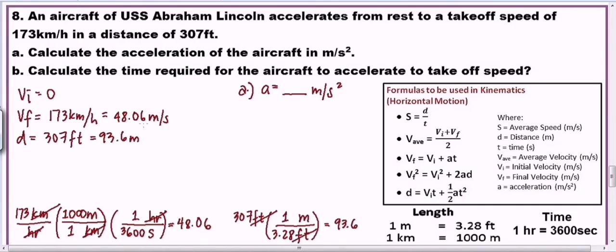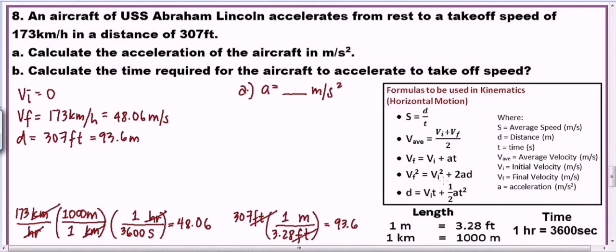Ayan. So, pwede na natin computin si acceleration. So, ito guys, hindi nyo pwedeng gamitin kasi wala tayong time. Tama ba? Ayan. Kailangan kasi ng time. Although, meron tayong VF. Okay, meron tayong VI. Meron tayong A kasi yun yung hinahanap. Pero, wala tayong time. Okay? So, ito na lang muna yung gamitin natin.